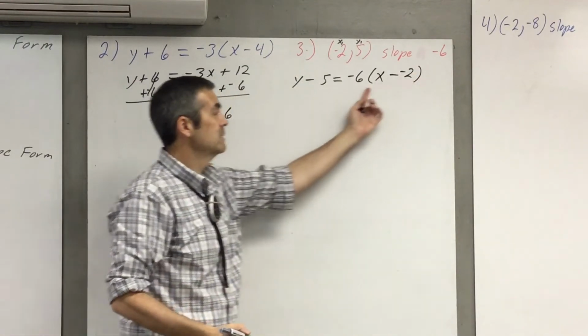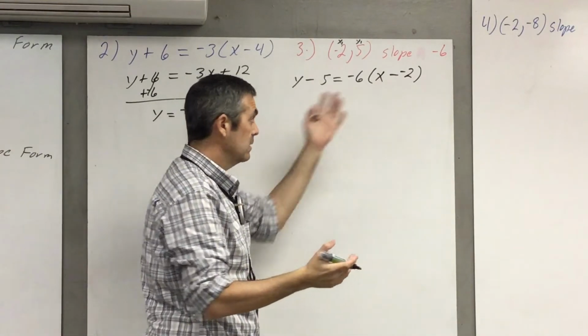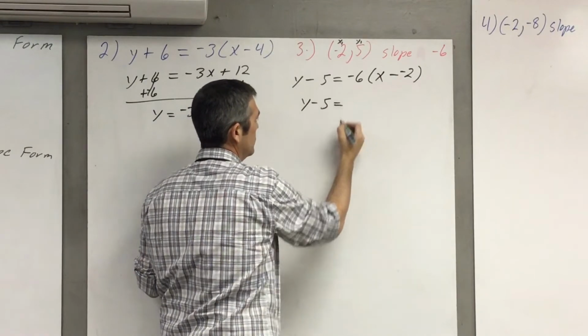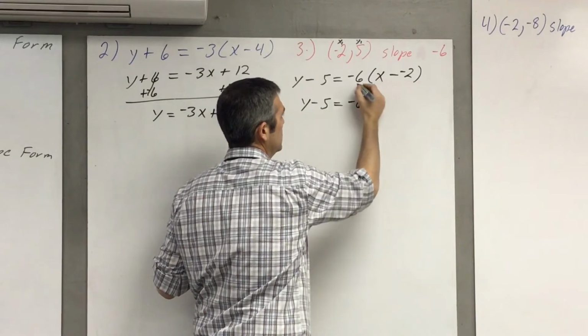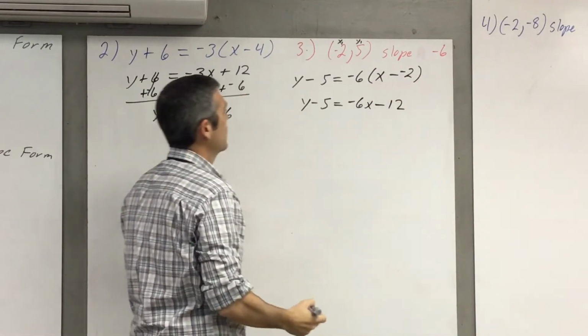Now, simplify this side. And again, a lot of these have been coming out nice and neat, not all of them will. Y minus 5 equals negative 6x, distributive property, minus negative 6 times negative 2, 12.